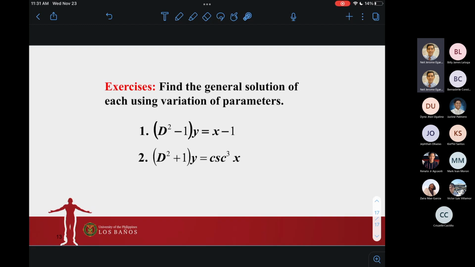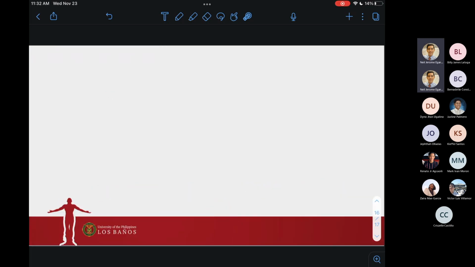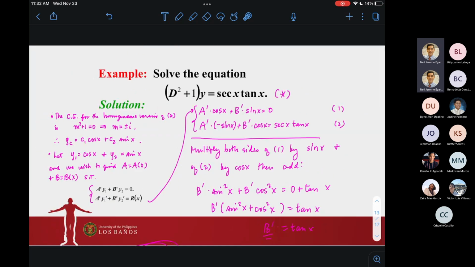Mas maraming choices. And the more choices you have, the more chances of winning. So, kaya mas generic yung variation of parameters. Okay. And I guess the way I presented it, variation of parameters is much simpler than the method of reduction of order. Ang catch nga lang dito, kailangan mag-solve kayo ng system na to.